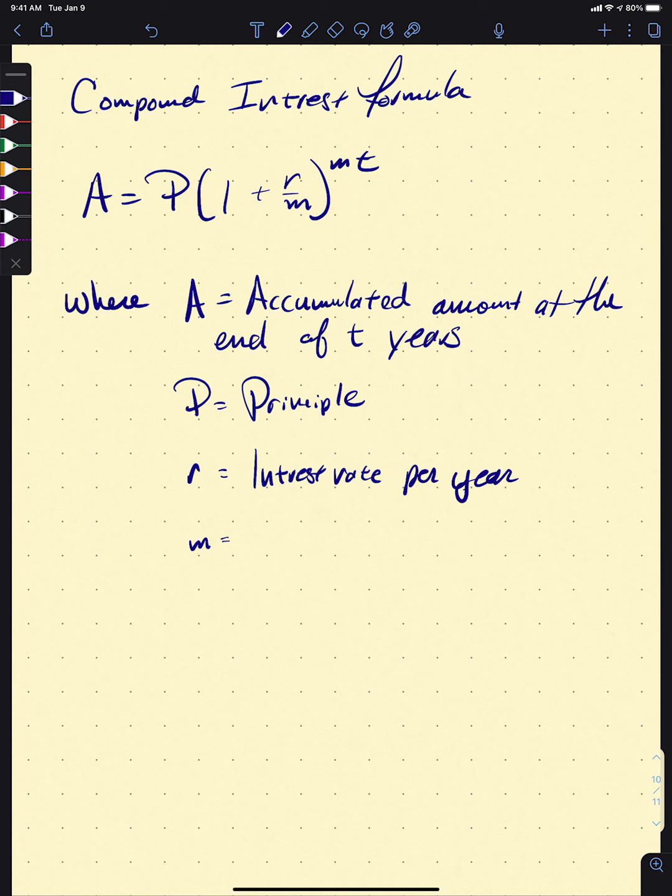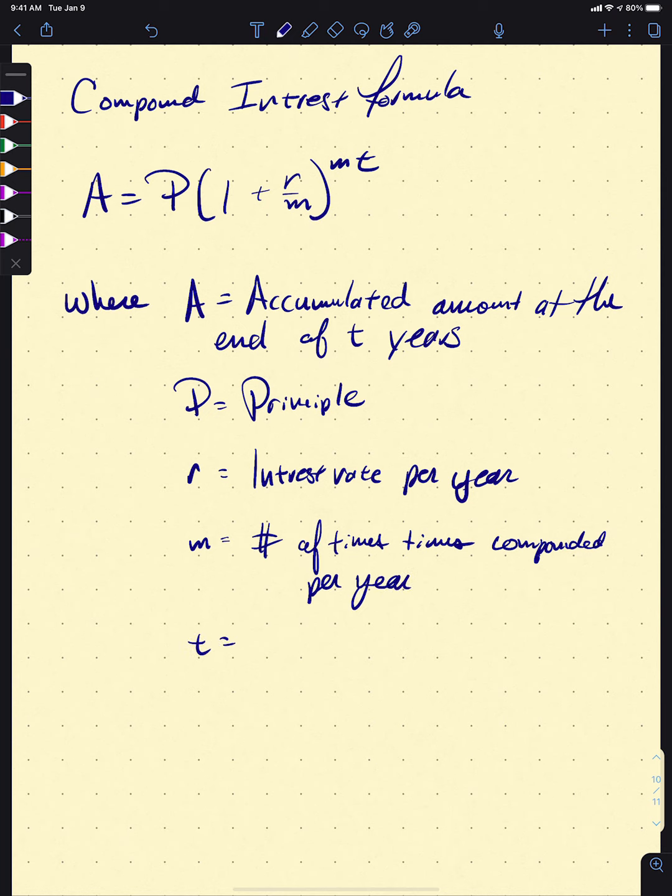M, your book calls this the number of conversion periods per year. But in plain English, this is the number of times compounded per year.